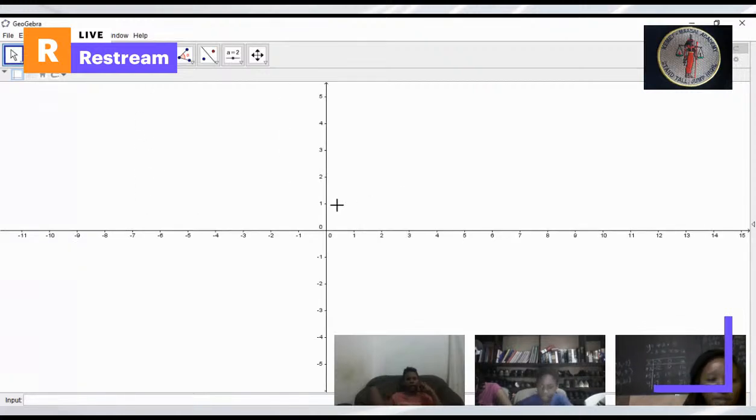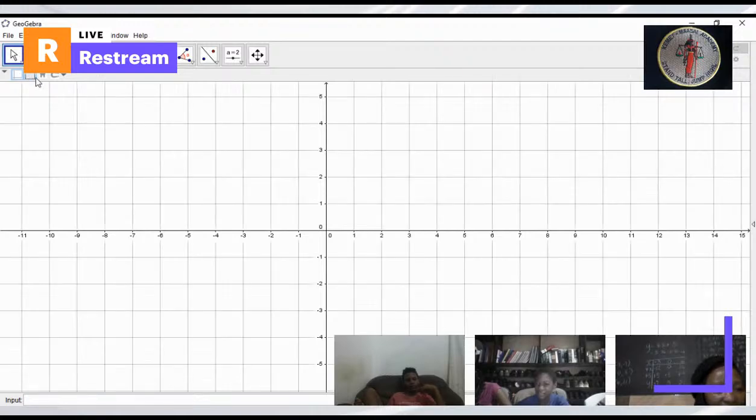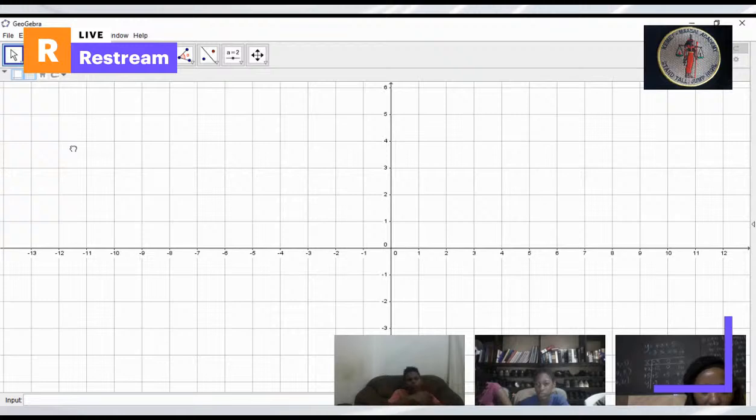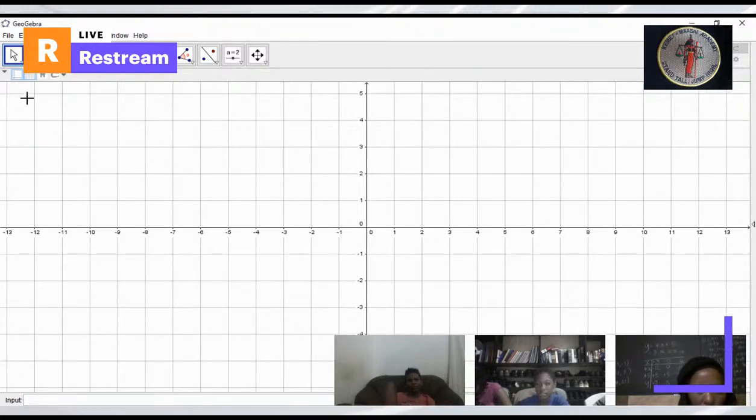I'm trying to figure out, there's supposed to be an eraser here. As I keep telling you, I'm not completely versed on this GeoGebra, but there should be an eraser. What I was trying to do was make the point and then undo that.